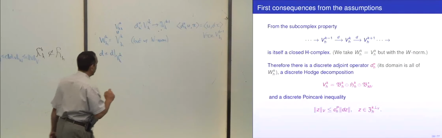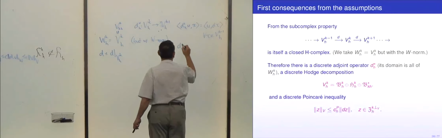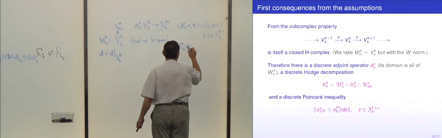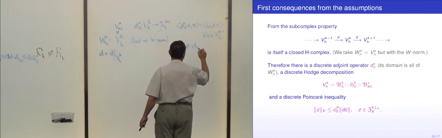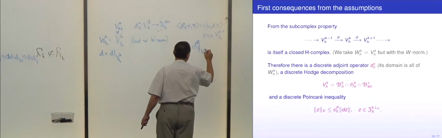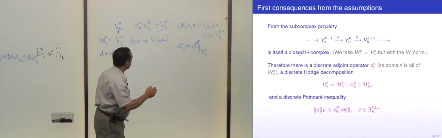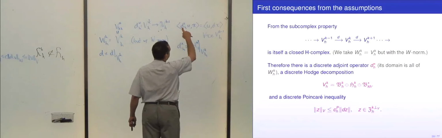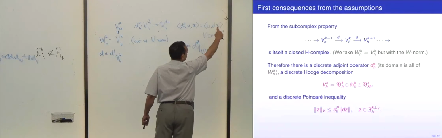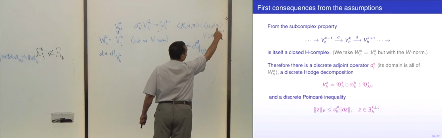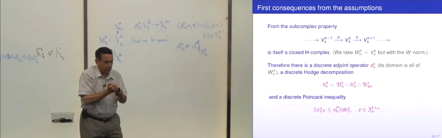You have to be very careful here. D*_h is not equal to D* restricted to the subspace. Because the true D* would have to require orthogonality against everything in the domain of D, not just in the subspace.